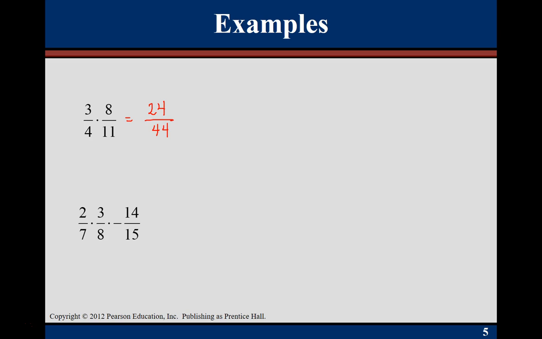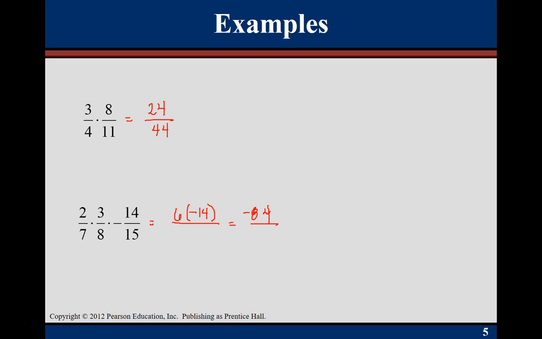If you have multiple fractions, you would just multiply all the numerators and all the denominators. 3 times 2 is 6, and 6 times a negative 14 is going to be a negative 84.